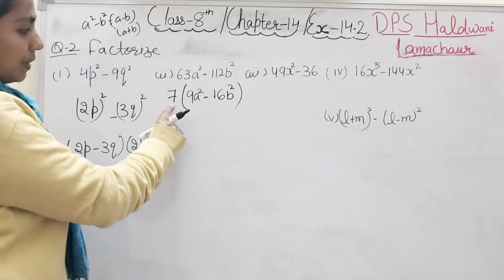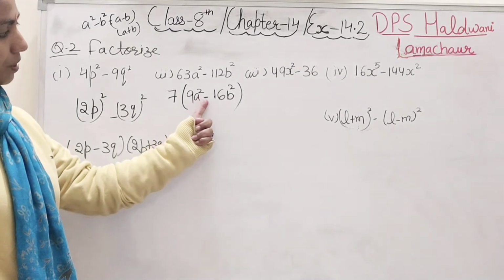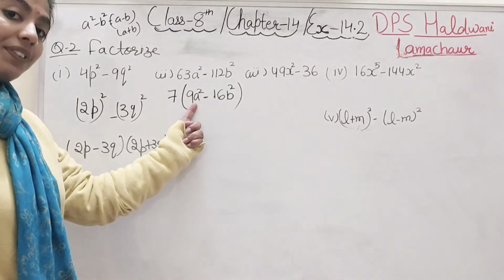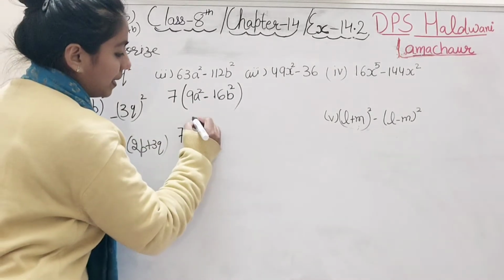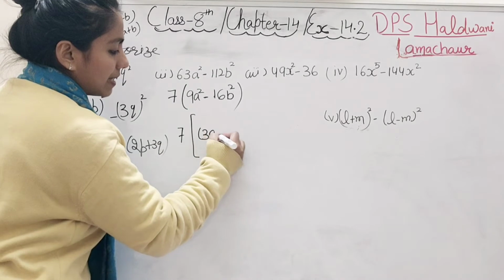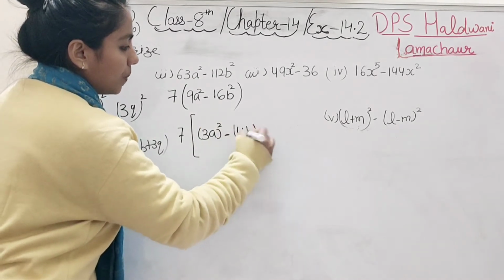Right? So this 7 is common only. That's why now it's forming a square minus b square, because 9 is a perfect square of 3. So we can write a bigger bracket. So 9 means 3a square we can write minus 16 b square.